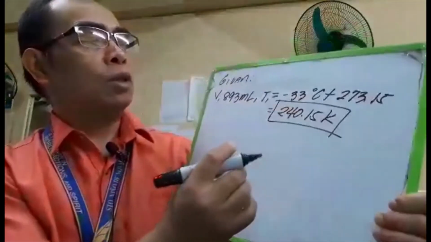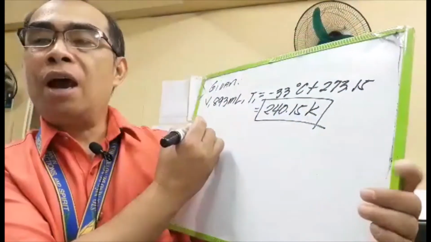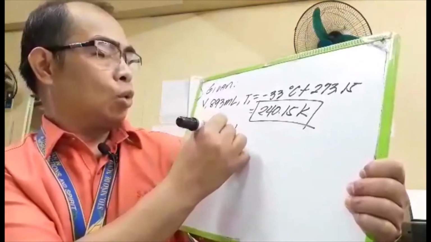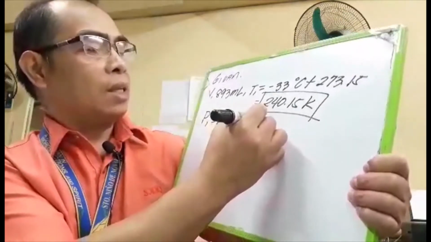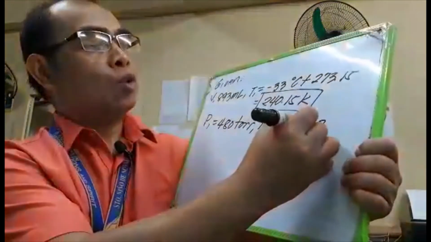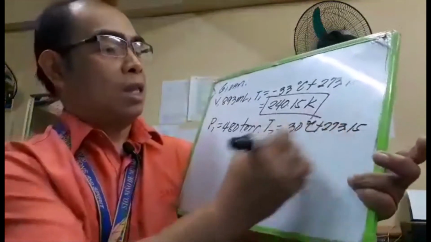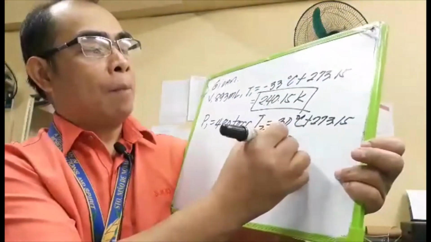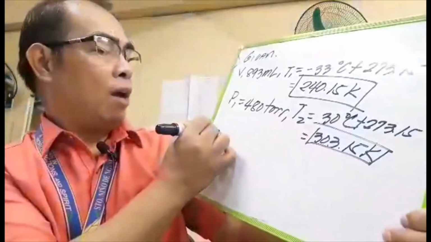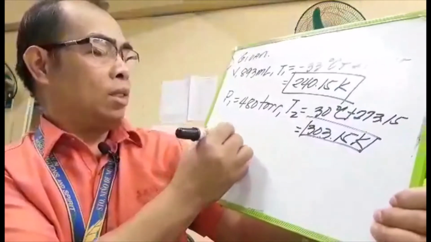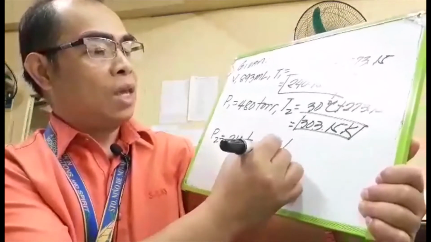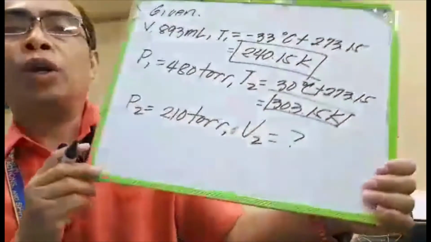Our P1 is 480 torr. Next, T2 is 30 degrees Celsius plus 273.15, which is 303.15 Kelvin. Next, P2 is 210 torr. What is the unknown? V2 is unknown. These are the givens.